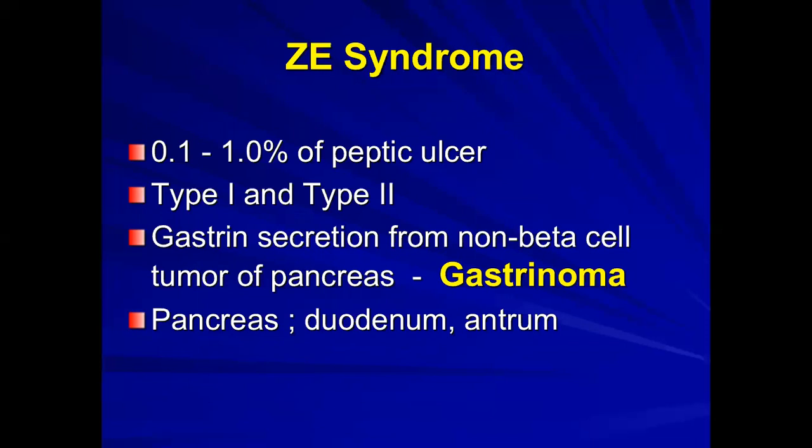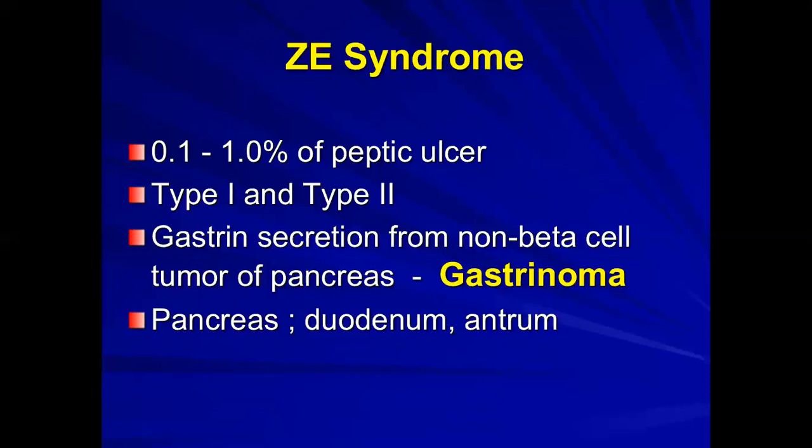Gastrin secretion from a non-beta cell tumor of the pancreas, which is called gastrinoma, leads to Zollinger-Ellison syndrome. So if you find ulcers beyond the first part of the duodenum, or multiple ulcers and recurrent ulcers, you have to rule out gastrinoma or Zollinger-Ellison syndrome in the patient.